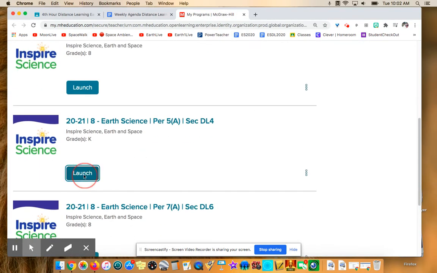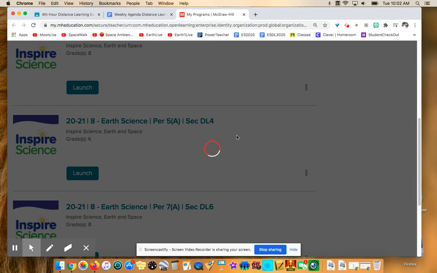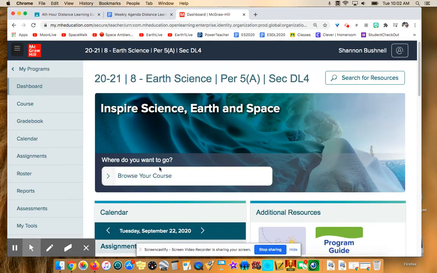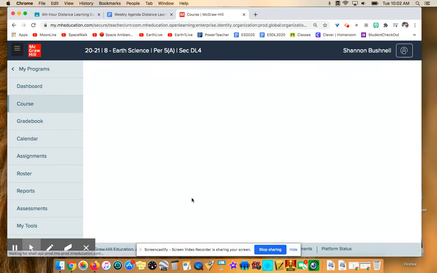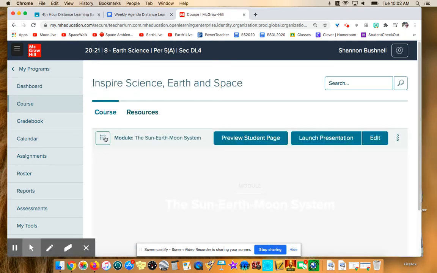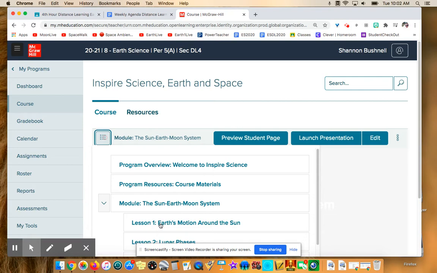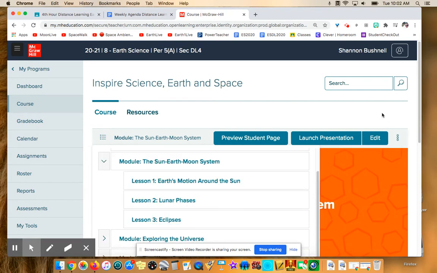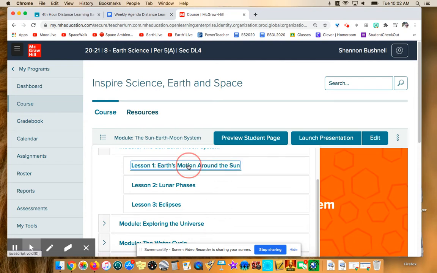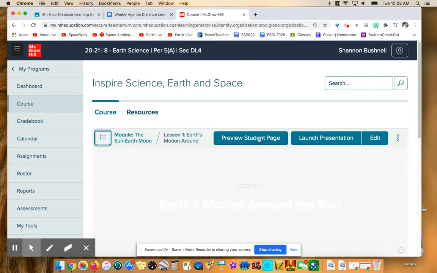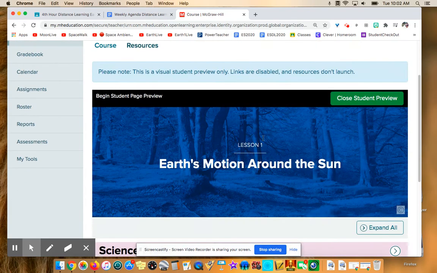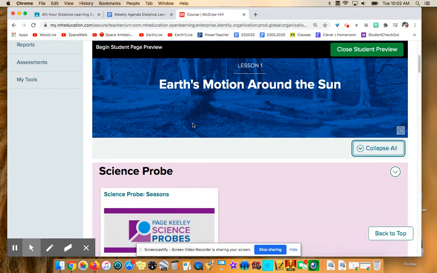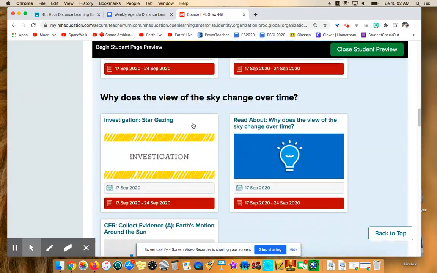What that's going to look like. We are in module Sun, Earth, Moon, Lesson 1. And I will assign these pages, but I'll show you what they look like from the student preview.